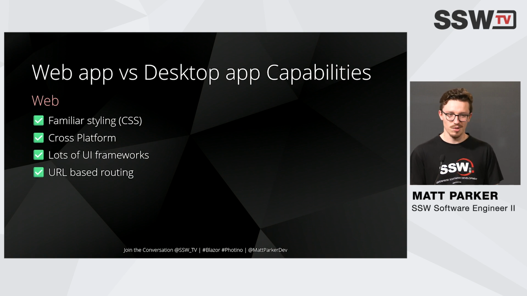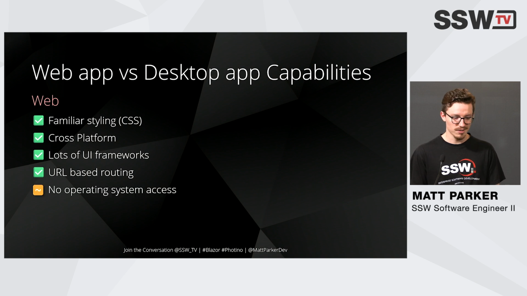This is probably somewhat of a personal preference, but it has URL-based routing, which I prefer a lot more than what you get with a lot of desktop frameworks. A downside, there's no operating system access for the most part.